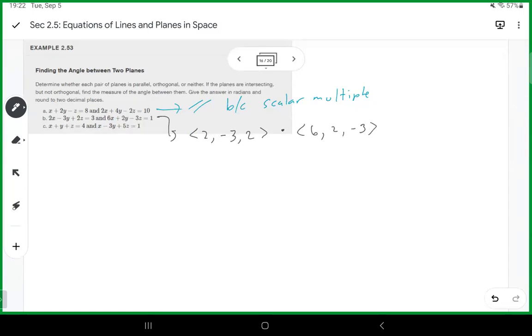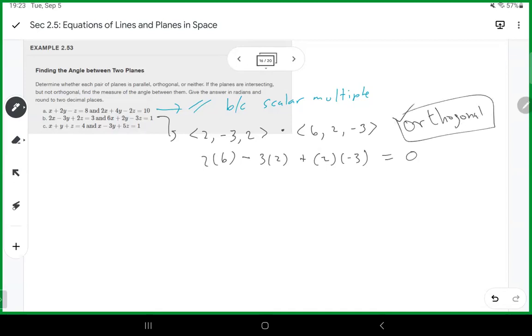So when we work this out, you'll get 2 times 6 minus 3 times 2 plus 2 times -3. And you see that that zeroes out. So since it zeroes out, they're orthogonal, so the corresponding planes are also orthogonal. Okay, so that's for B.